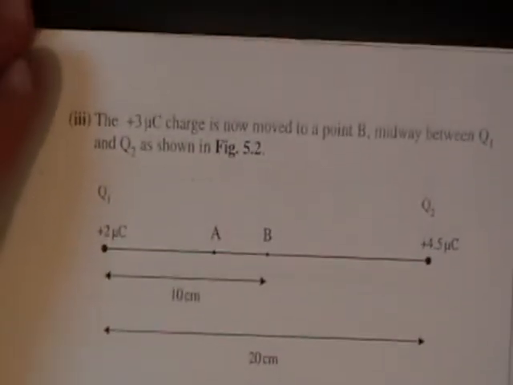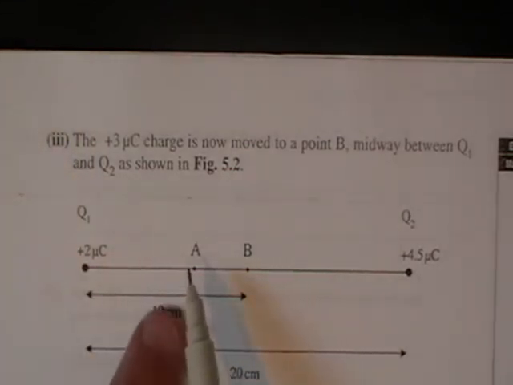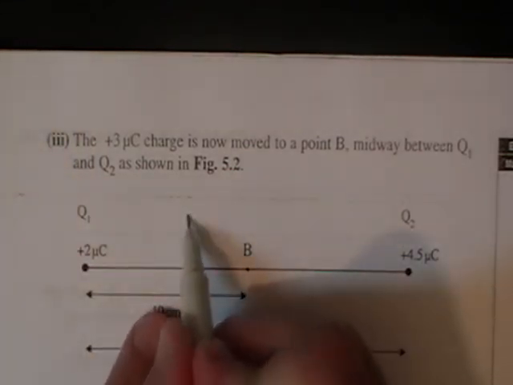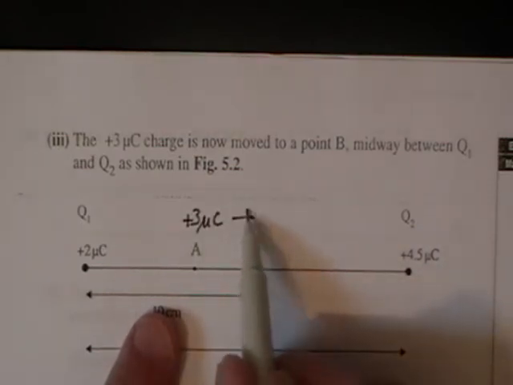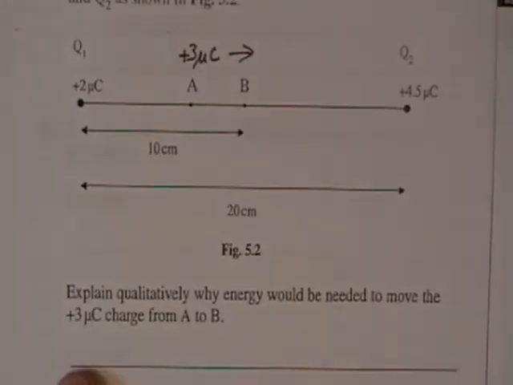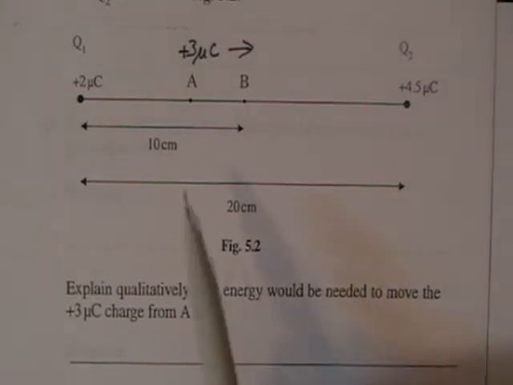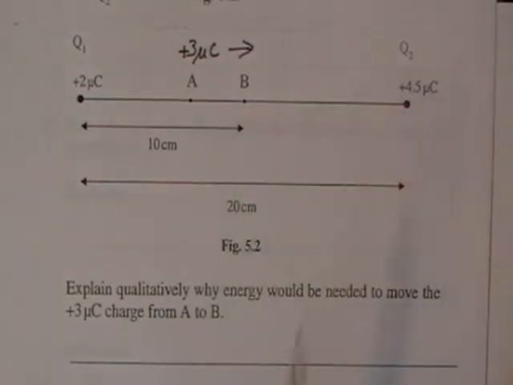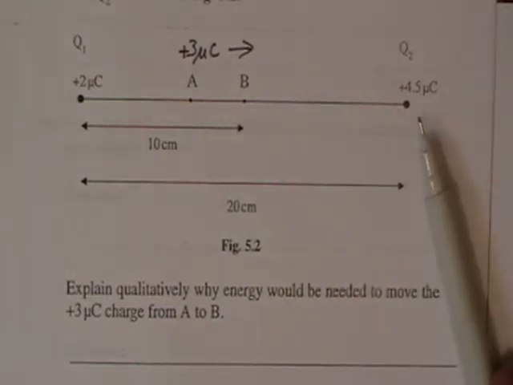We now are given a situation where the plus 3 microcoulomb charge at point A is moved towards point B. We're asked to explain qualitatively why energy would be needed to move the plus 3 microcoulombs. What's happening here is we're pushing this 3 microcoulombs towards the plus 4.5 microcoulombs.